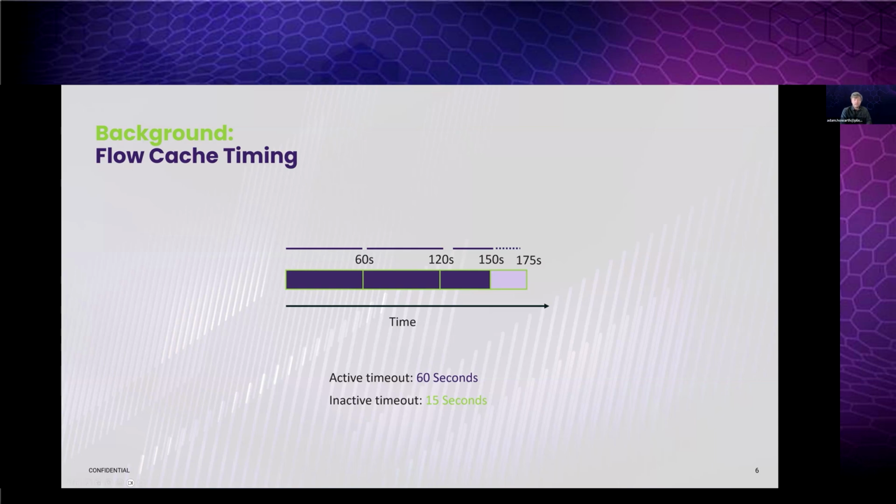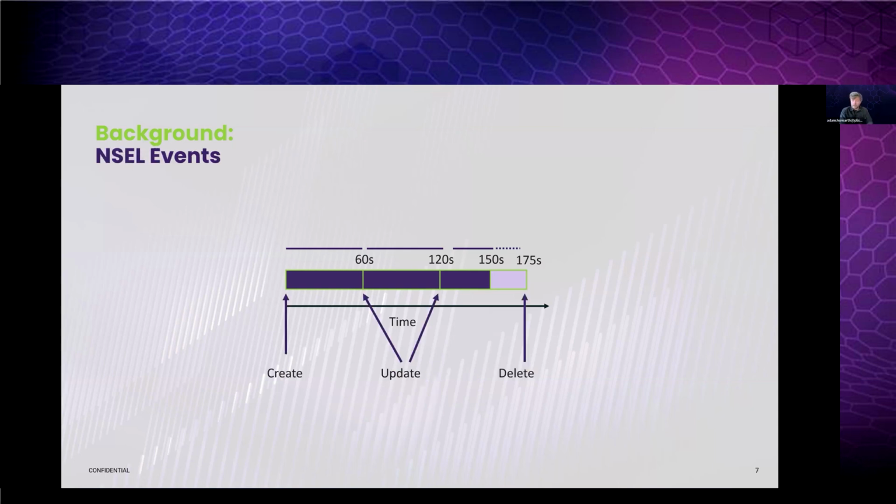This same idea holds up for firewall events, another component we'll look at in the tool in a moment. So in the case of firewall events, we do still have active and inactive cache timeouts, but we also have NSEL, or NetFlow Secure Event Logging, which will give us some insight into the events that are happening on the firewall around the inspection queues that are actually looking at the traffic and enforcing your policies, all the way through denials.